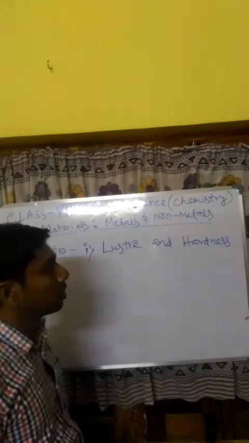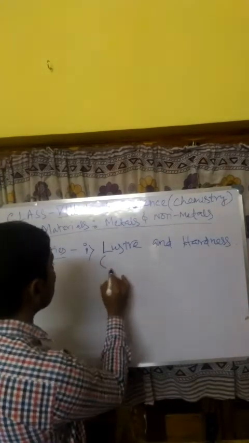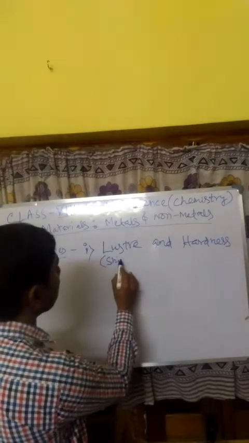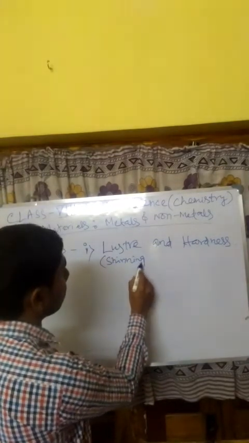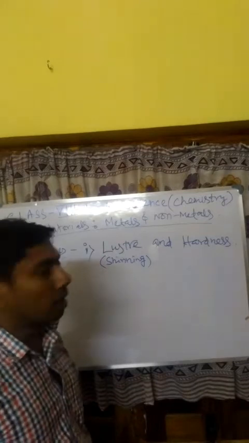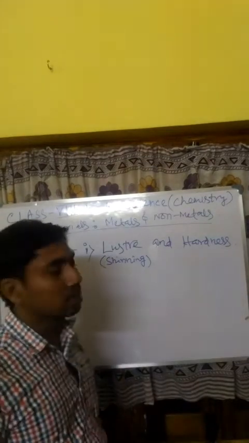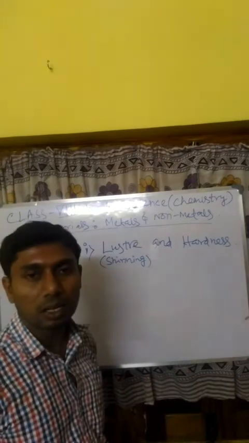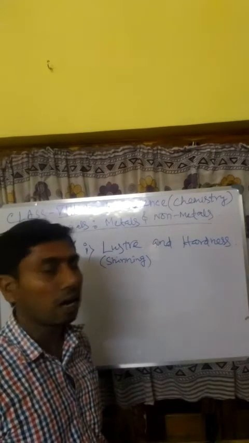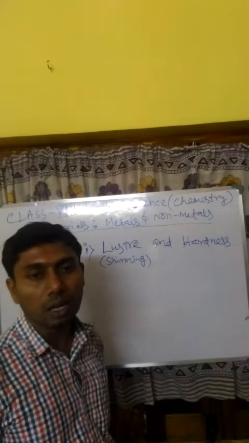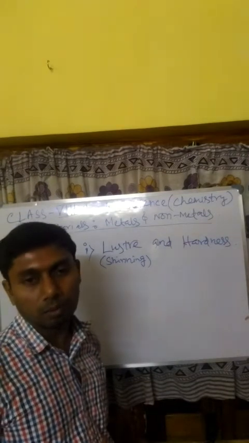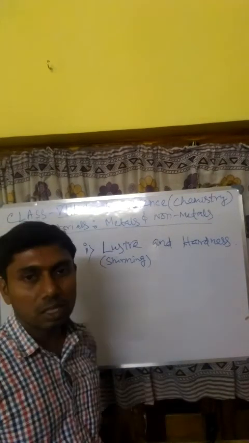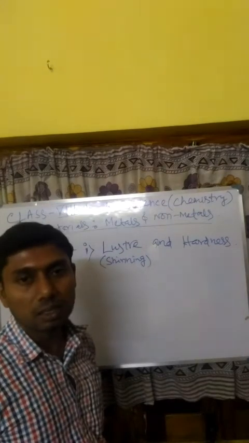So luster is the shining. For metals, luster and hardness are found. But for non-metals, these are not the characteristics, right?